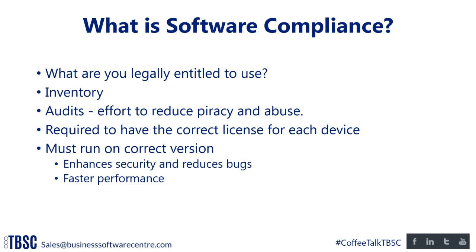So if you're stuck in a contract for a lengthy amount of time, I would say that you should definitely follow up with what you're legally entitled to use, because two things could happen. You could either be under licensing your team, which would obviously fall into auditing disaster for you, or you can be over licensing your team, which means you're not using all the licensing that you're currently paying for.